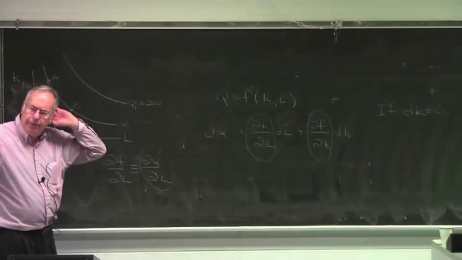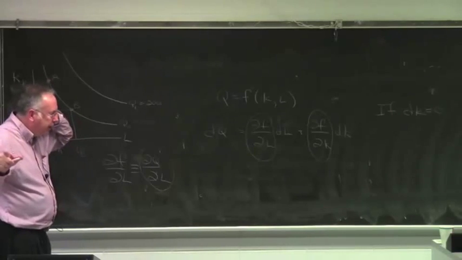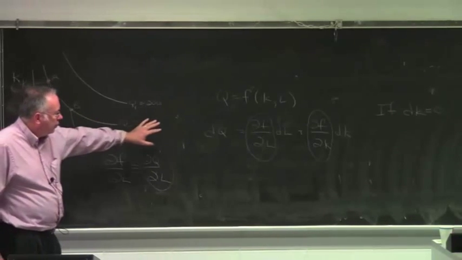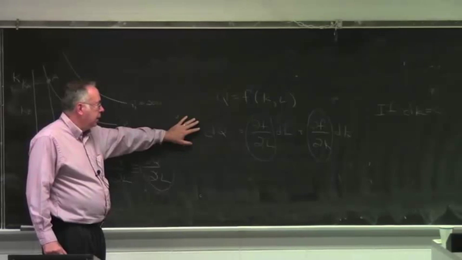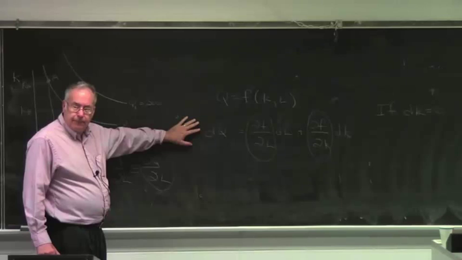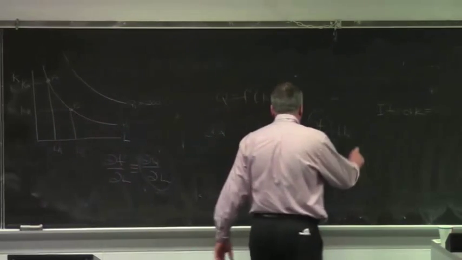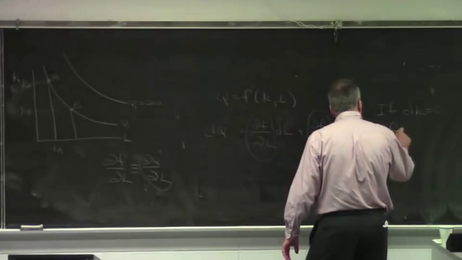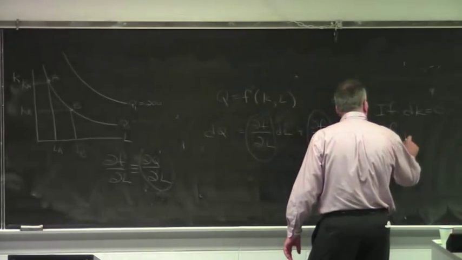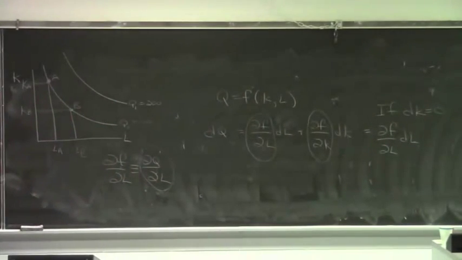Lydia, if dK were 0, what would this equation reduce to? Yes. And so this term would just drop out. So this would be equal to partial F, partial L, dL, because dK is 0. Now, suppose you divide both sides of this expression by dL.